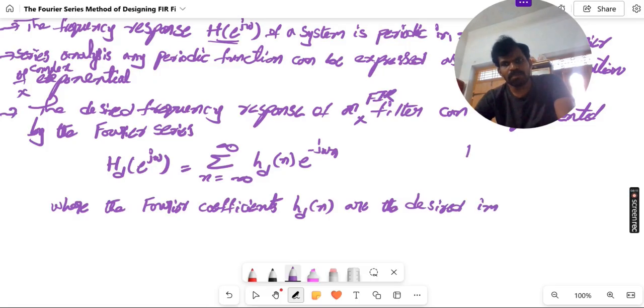We know that an impulse response is represented by h of n, and the desired impulse response is represented by h suffix d of n.